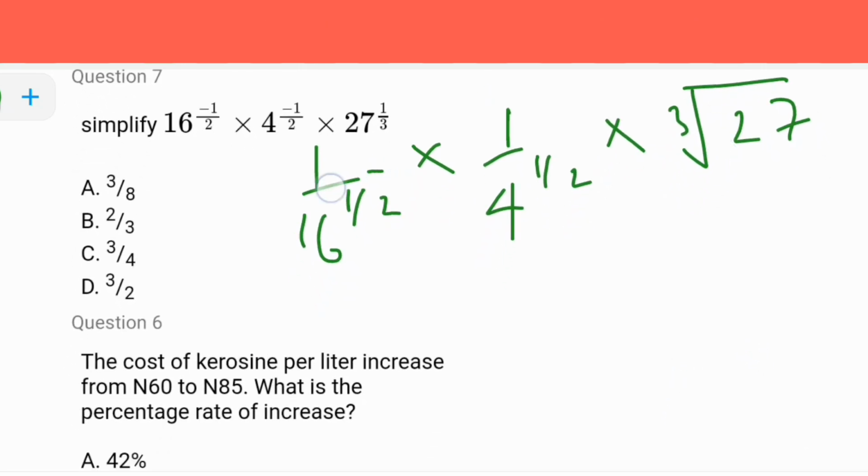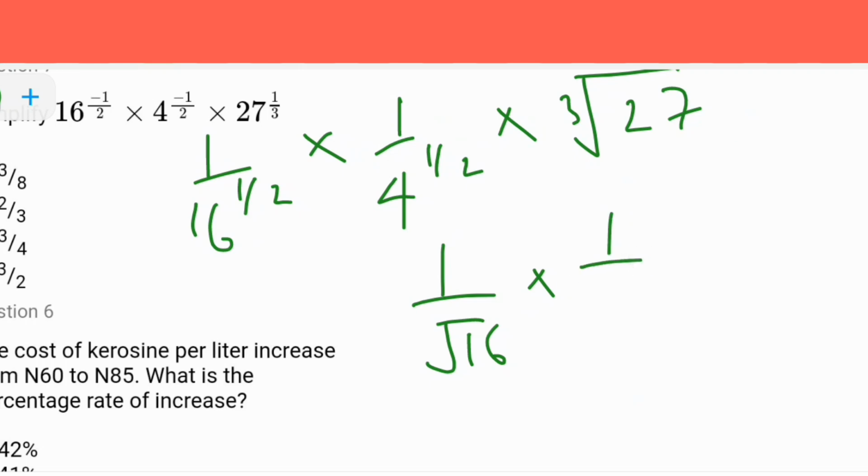A number raised to the power 1 over 2 just means the square root of that number. 5 raised to the power half means square root of 5. So that's the idea here. 16 raised to the power half means 1 over square root of 16, times 4 raised to the power half means 1 over square root of 4.